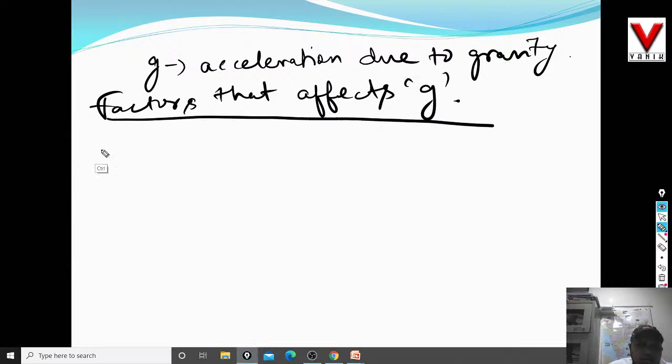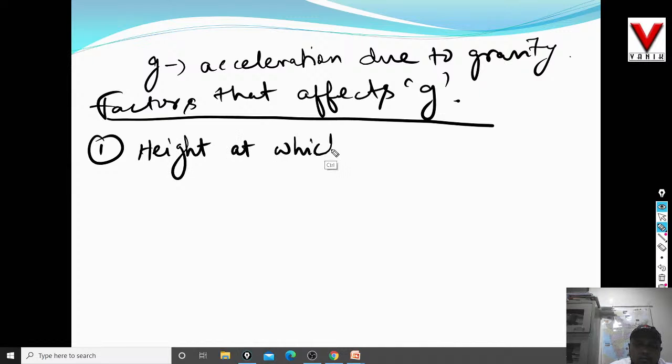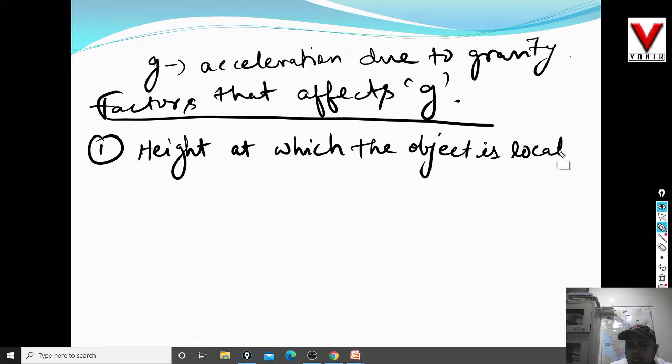So the first factor is the height at which the object is located.